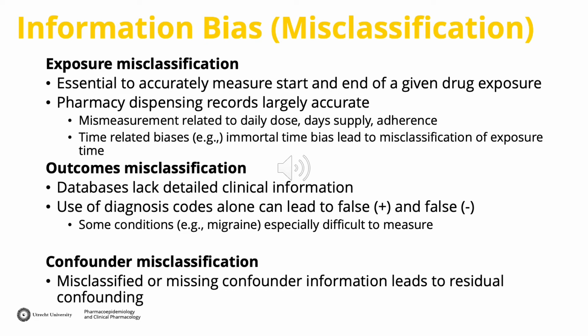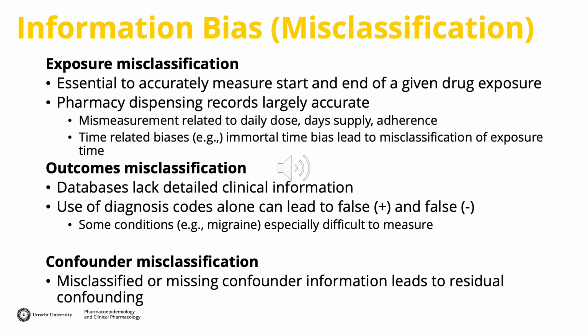So these are ICD codes, typically International Classification of Disease codes, or READ codes if we're looking at data from the UK. But use of these codes can sometimes lead to false positives and false negatives, especially for conditions like migraine that are especially difficult to measure using these types of diagnosis codes. So that's when outcome misclassification and information bias can occur when we're trying to measure our outcome.